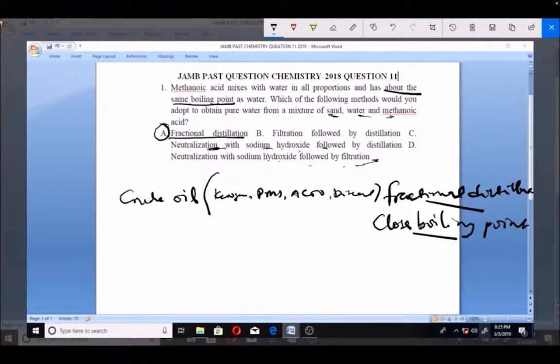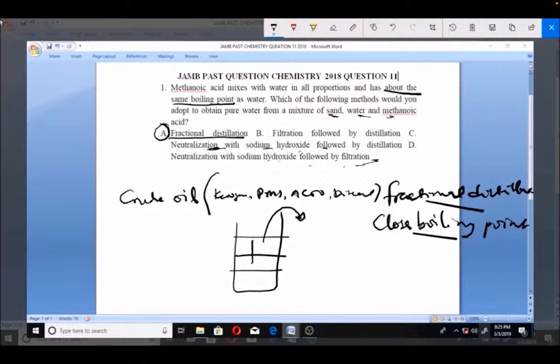If you're separating a solid from liquid, you can easily use filtration. But fractional distillation does it because at the right temperature, the one with the lesser boiling point will go out first. Let's say it is methanoic acid, it goes out first.